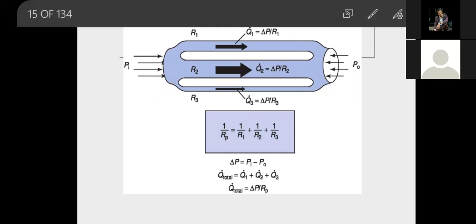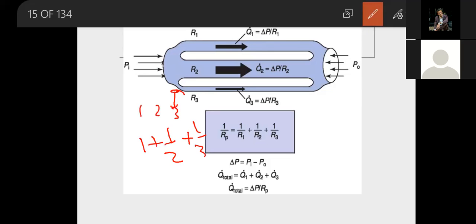So if you have an increase in R3, for example, if R1 were 1, R2 were 2, and R3 were 2 also, it will be 1 plus a half plus a half, right?